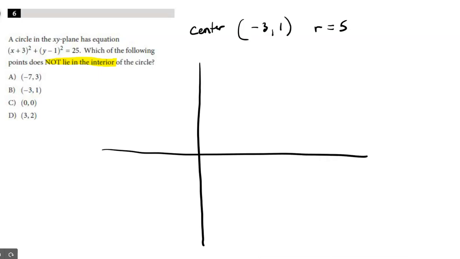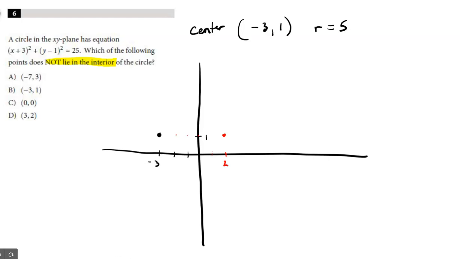Center is at -3, 1. So 1, 2, there's -3, 1. And then a radius of 5 means I'm going to go out 5 in every direction. So 1, 2, 3, 4, 5.